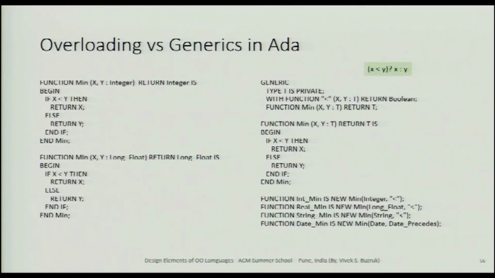This particular min takes these parameters, so I can pass a type parameter T, and also pass the comparison operation, and then I can define integer min and so on, instantiating this minimum in different ways as you want. So what is happening is that you are avoiding too many overloadings.